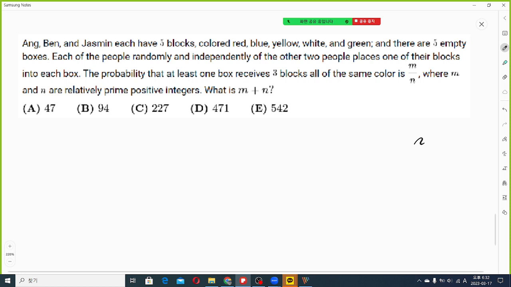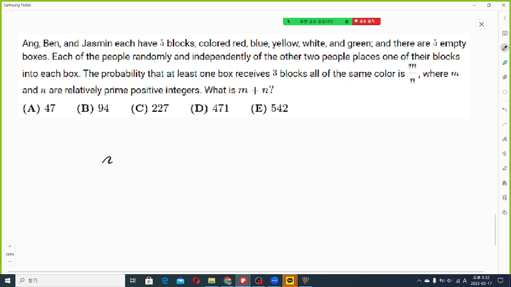Yep, so in this case, we want to find the case when at least one box contains all the same color of three blocks. So let's first choose the color. Because there are five different colors, the number of cases for choosing the color is 5C1.